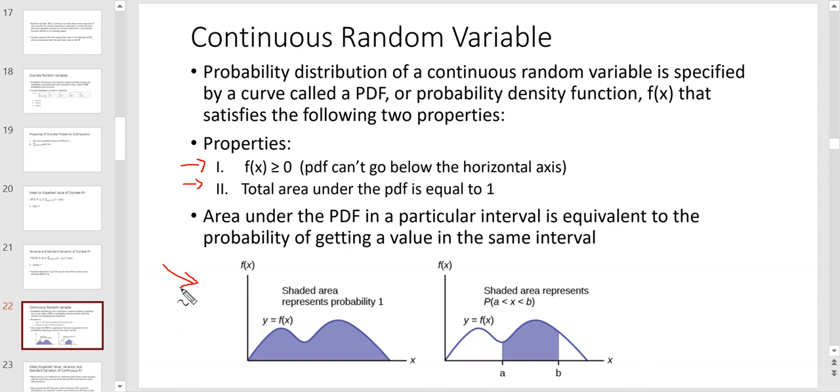That area is equal to the probability, and the total area under the curve must equal 1. Interesting. Remember, in the histogram, the total area under the histogram must also equal 1. We're talking about density histograms, and notice the word density comes up here as well. So hopefully you're starting to make some connections slowly.